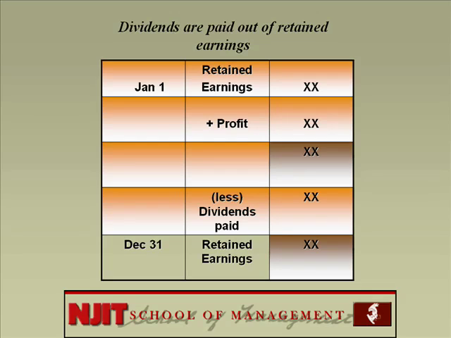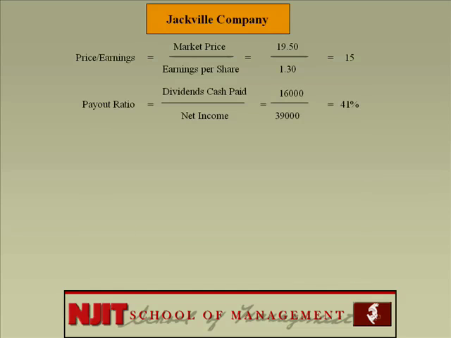Are you done? Here we go. Price earnings is market price over earnings per share. So we figured it out. 1950 divided by $1.30, around 15.